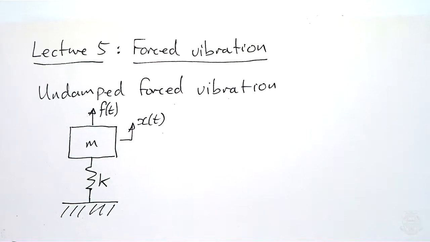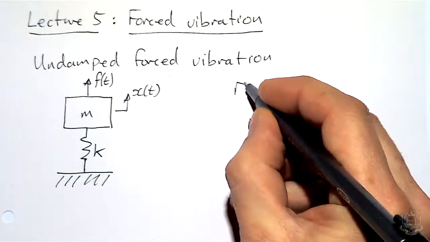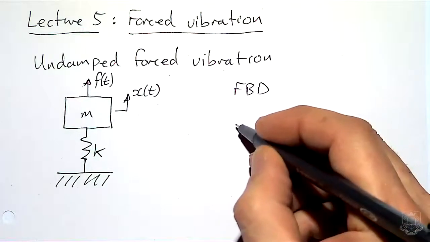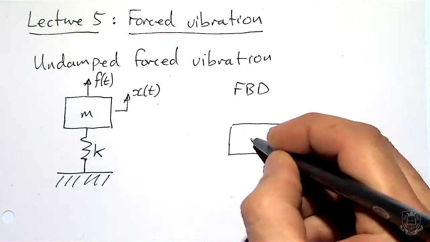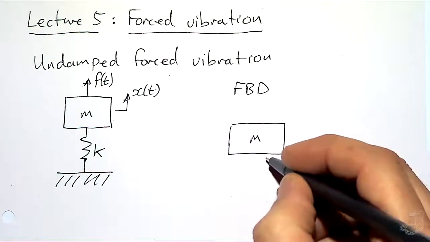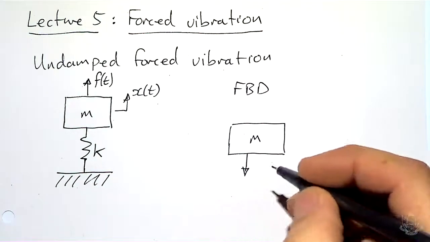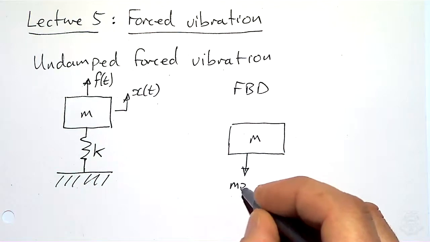Okay, so we want to derive the equation of motion for this, and we're going to do that by drawing the free body diagram. So we take the free body diagram of the mass, and if you remember we did this before, if for example we assume that the mass is pulled up slightly from its original position, then there's an inertia force which is trying to resist that, which is m x double dot.